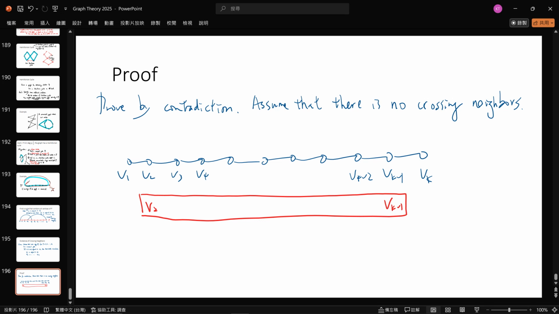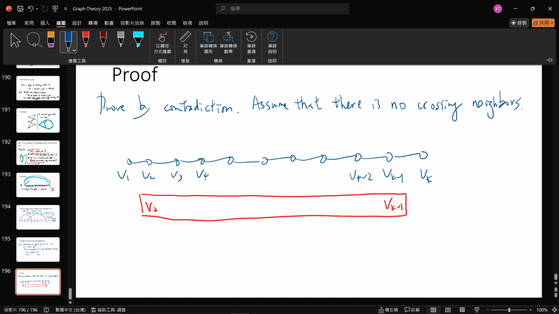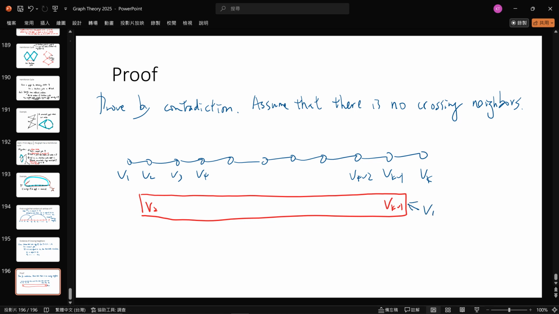I claim that V1 has at least n over 2 minus 1 neighbors in this red set. This contains V2, V3 up to Vk minus 1, all the vertices on the path between V2 and Vk minus 1. What I want to say is that V1 has many neighbors in this set, at least n over 2 minus 1 neighbors. Can anyone tell why this is the case?